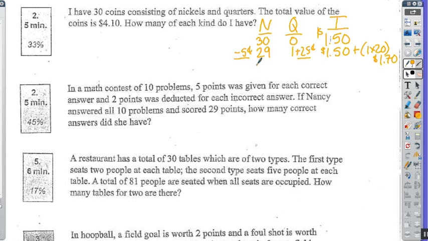If I do this again, I would do 28 nickels and 2 quarters. Again, I'm going to lose 5 cents and gain 25 cents, a net gain of 20 cents. So I'm starting at $1.50 with 30 nickels, but now the change is 2 times 20, because I did it twice.